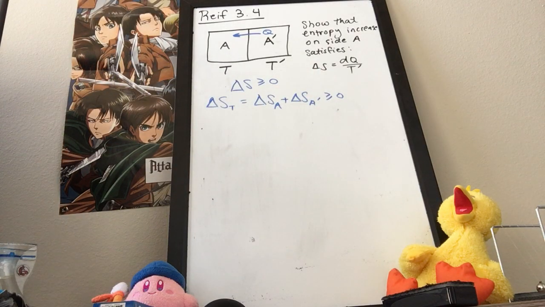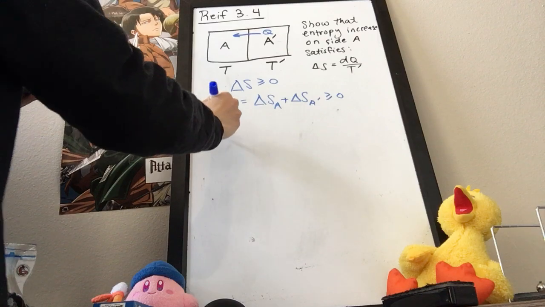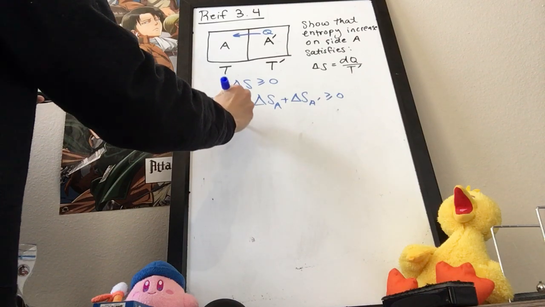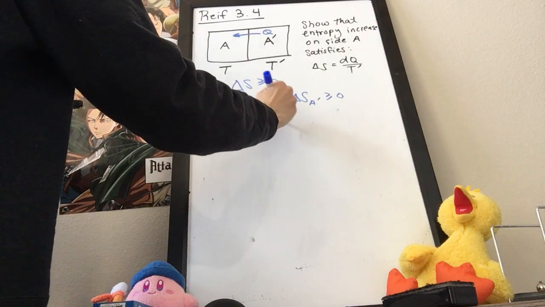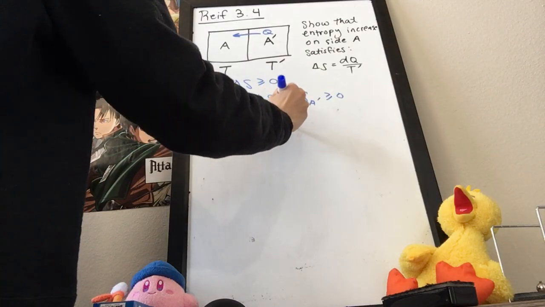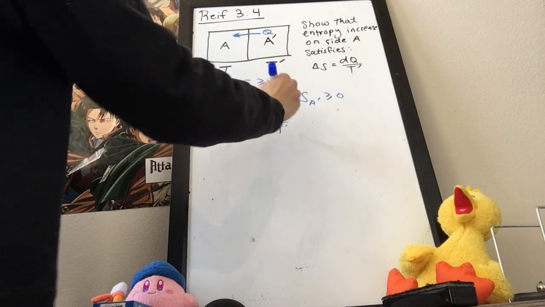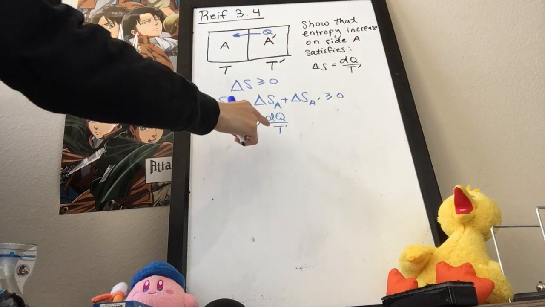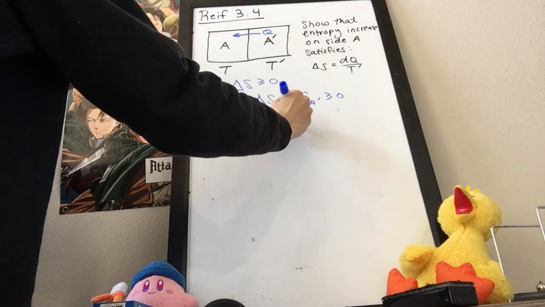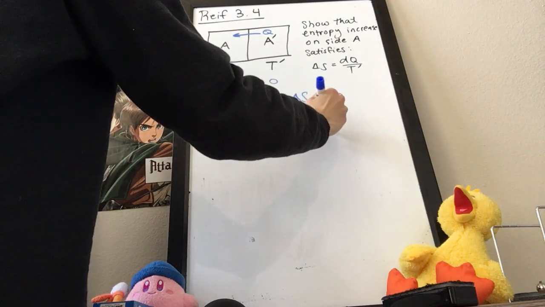Now, our change in entropy of the reservoir A prime, we can write this as an independent term, is equal to some change in heat divided by the temperature, right? Or I'm sorry, A prime. Whoops. A prime is losing heat. So because A prime is losing heat, we can say that this is actually equal to negative dQ over T prime, right?